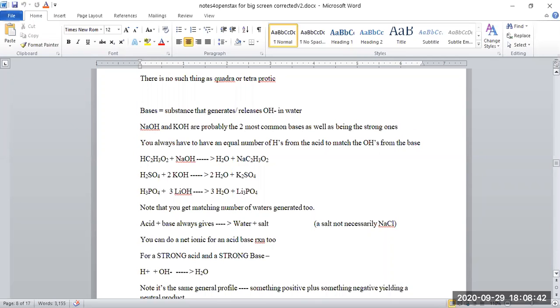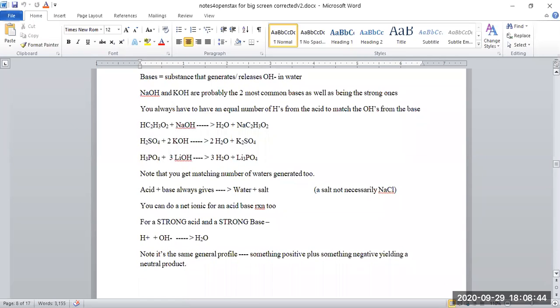The other thing that's true, and again, this is one of these things that if you take second semester chemistry, you get some expansion on this thought. But for the moment, we're going to say strong acid plus strong base gives you a hydrogen ion, an H+, and an OH-, and makes a water molecule.